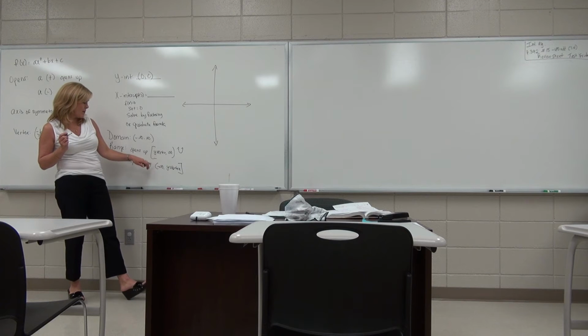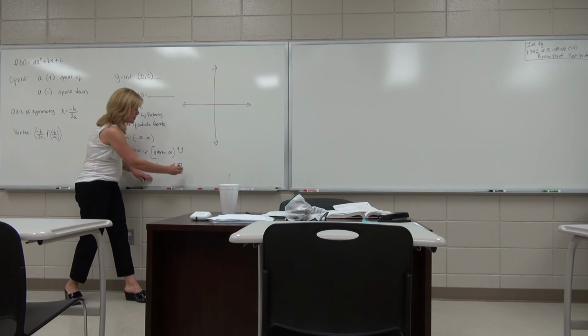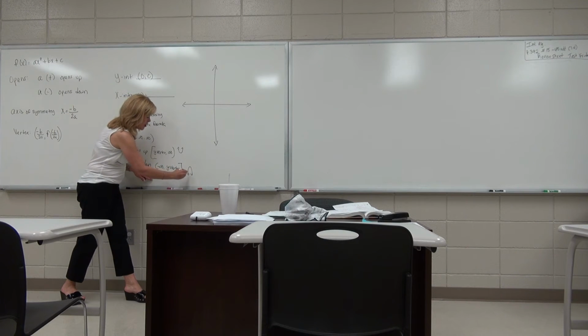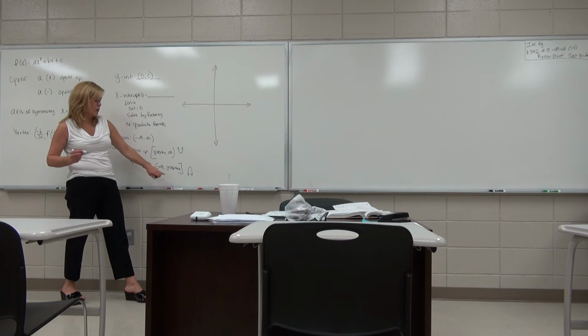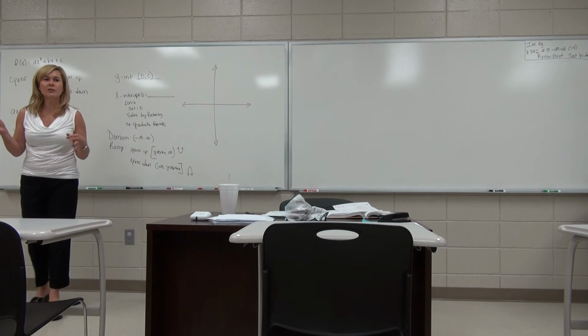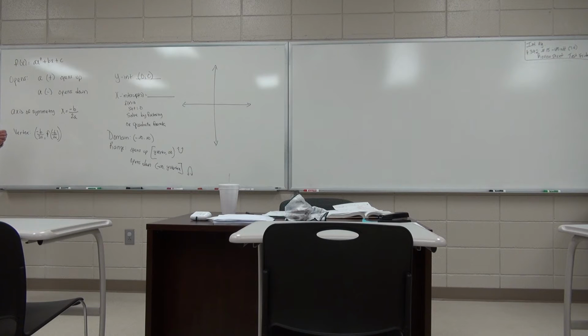So your range would be the y of the vertex all the way to infinity. And if your graph opens down, you're going to go from negative infinity up to the vertex, which is the maximum point. So it'll go to the y of the vertex every single time, like what we talked about earlier. Then we'll sketch it.